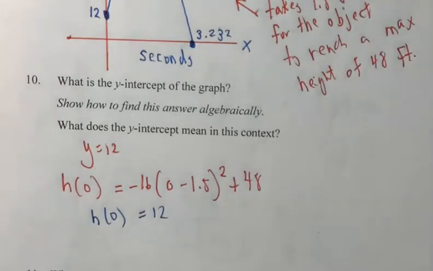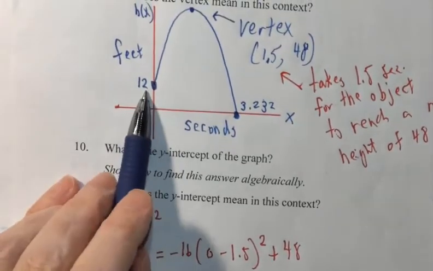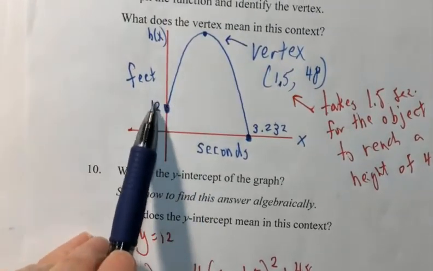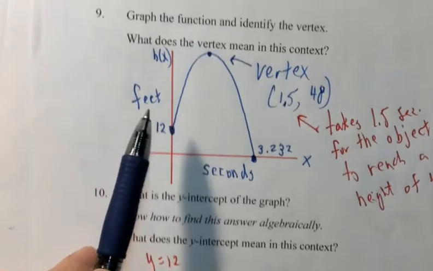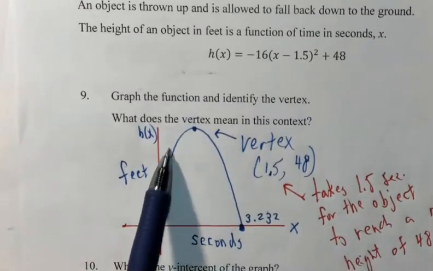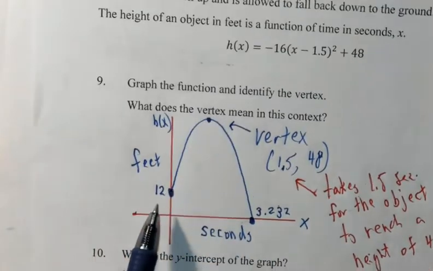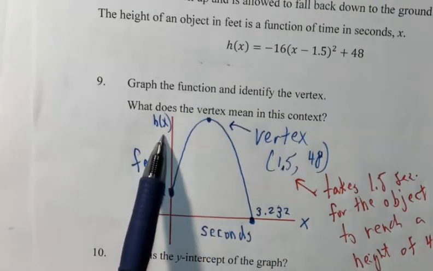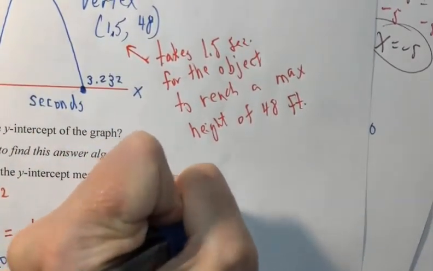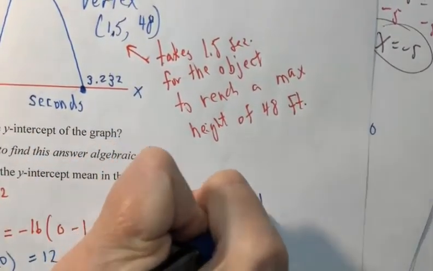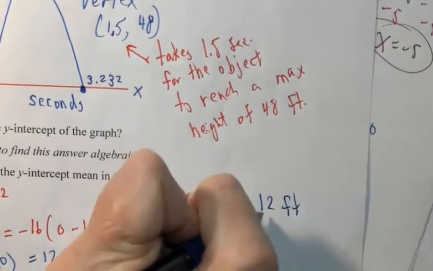All right, what does the y-intercept mean in this context? Well, you'll notice that the graph begins at this point, because this would be the height of the object when it was released. So the y-intercept is time is 0 seconds, height is 12 feet. So let's write that, 0 seconds, 12 feet.